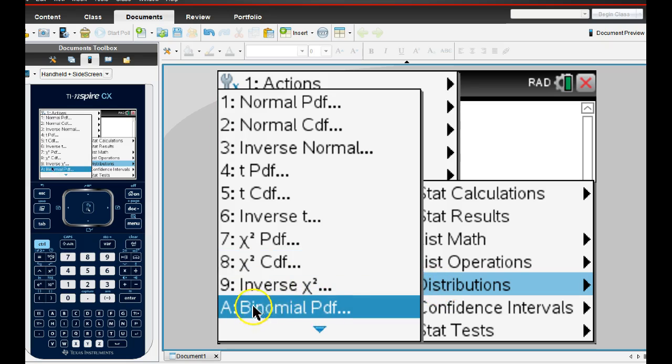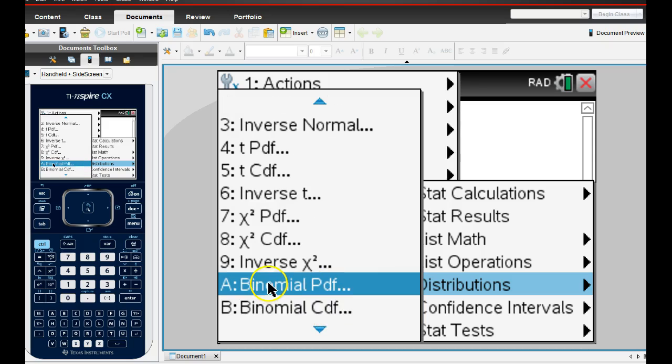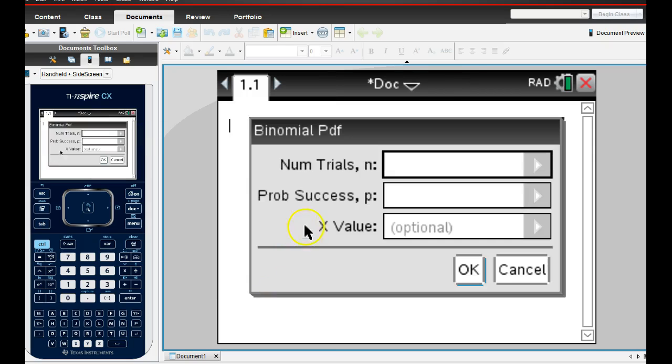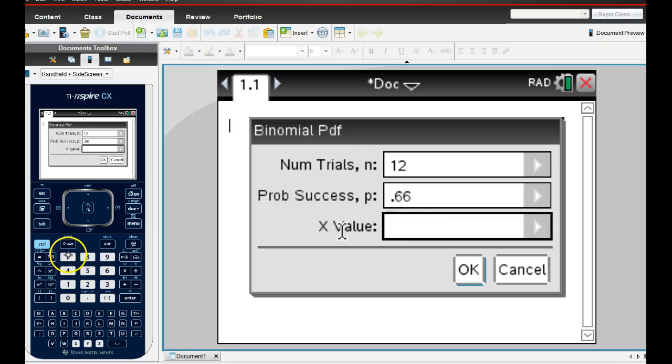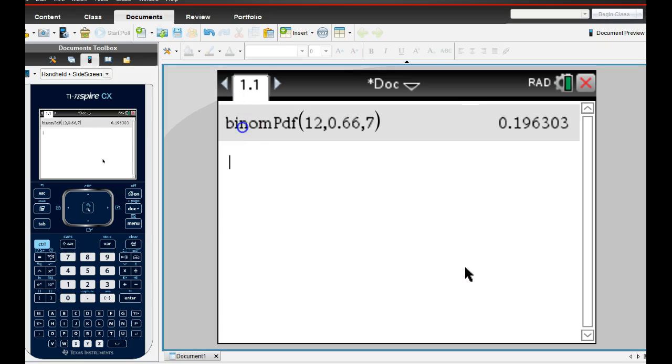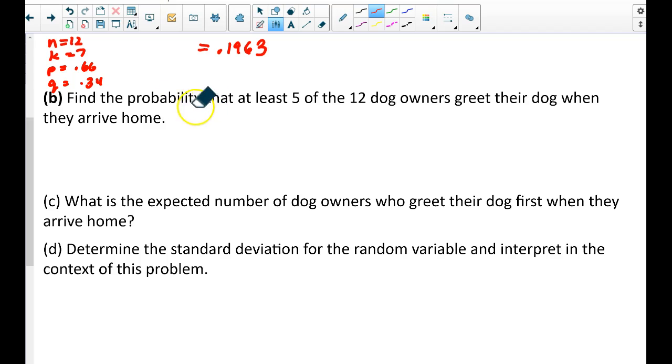And you can see that option number A is binomial PDF, so we're going to choose option number A, and we're going to choose N for 12, not 122, this is very sensitive, 0.66 for the probability of success, and 7 for K. And you get 0.1963.